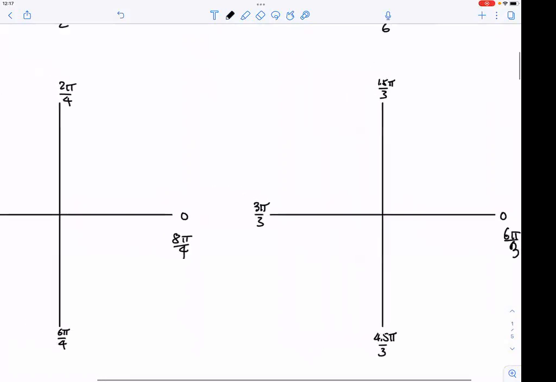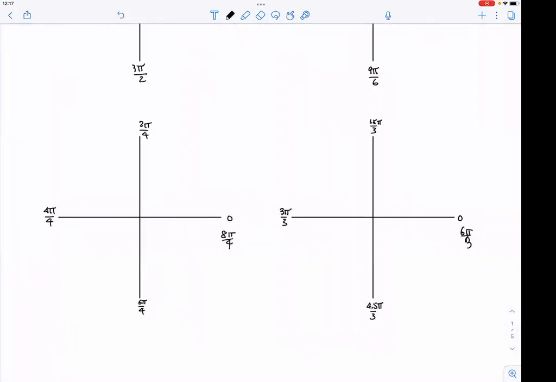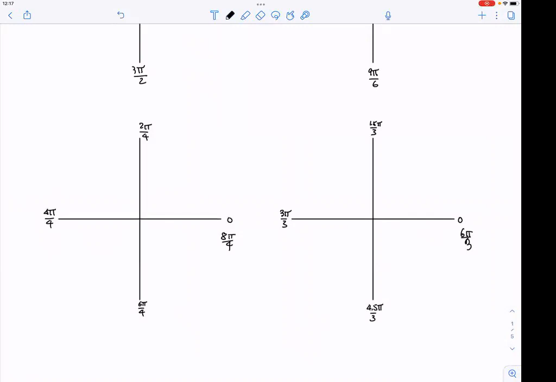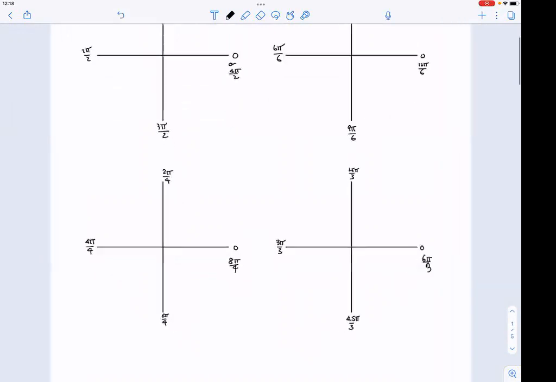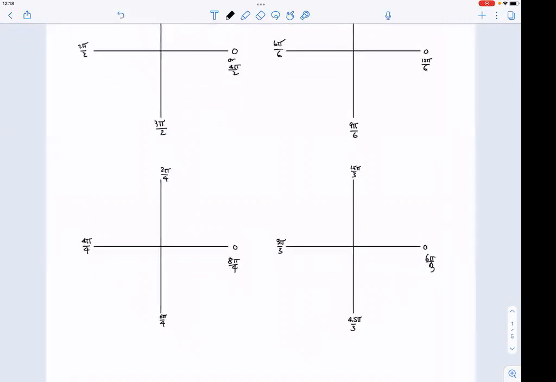So I hope this way of thinking would reduce your mental pressure of recalling these values. And also, when you look at your unit circle, make sure you also know how to label the angles properly. Okay, good.